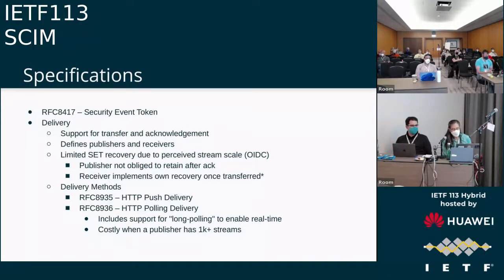Well, I believe it was because some SET use cases like OIDC risk, OpenID risk, called for some publishers to have hundreds of thousands of event receivers. There were critical concerns that the ability for a publisher to retain past events for each specific receiver, that recovery may not be possible, as each event would take hundreds of thousands, 100K copies persisted for a long period.